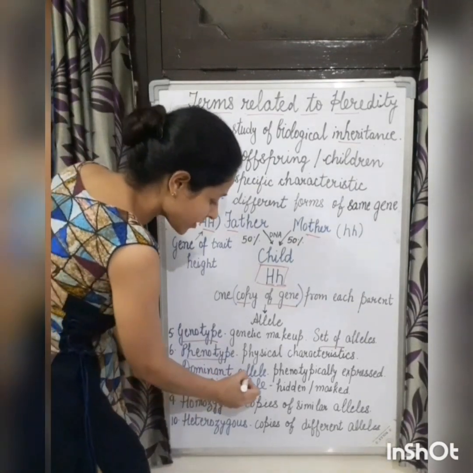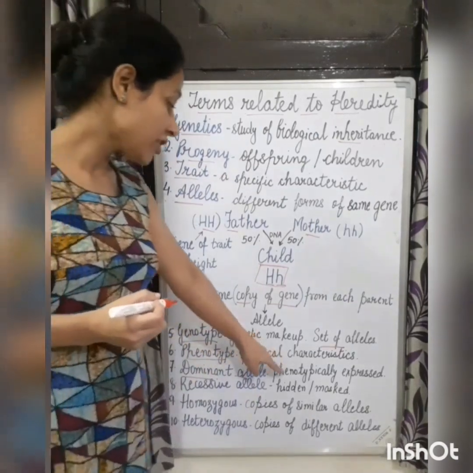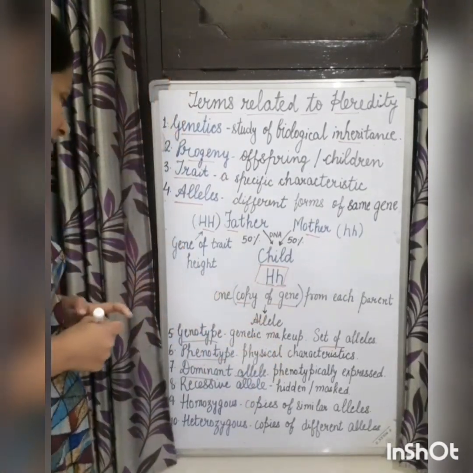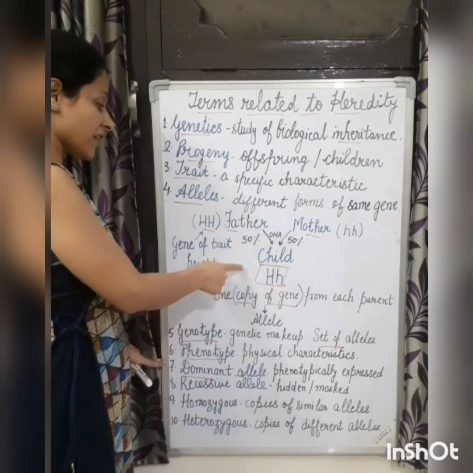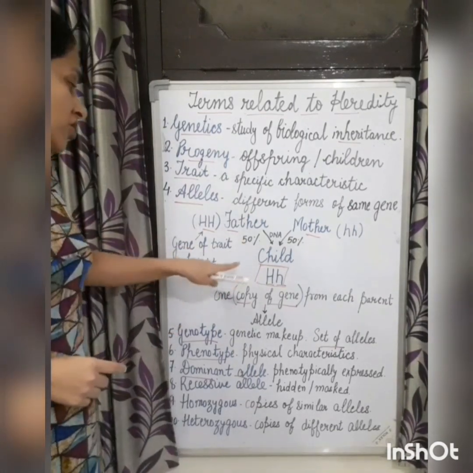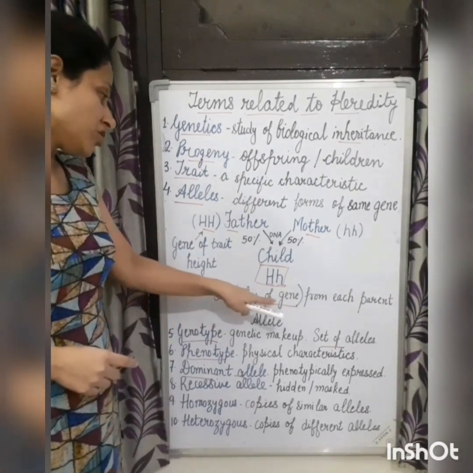Next is dominant allele. The allele that is phenotypically expressed. What does this mean? In the above case, we saw that the child receives two copies of the gene.